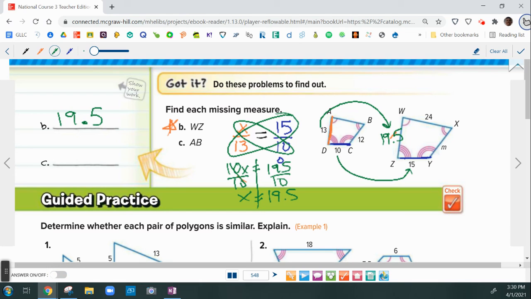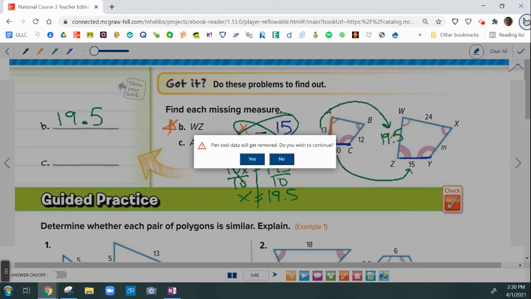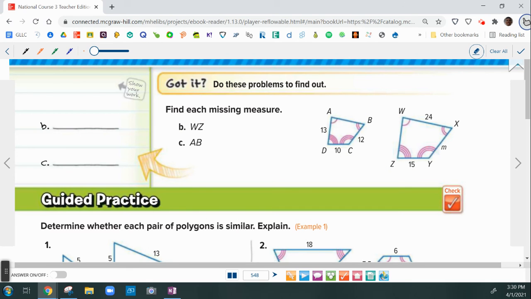I did not show you the scale factor way, but you could also do it that way. I will demonstrate really quickly. If we want to get this missing piece here, we need something that will multiply.